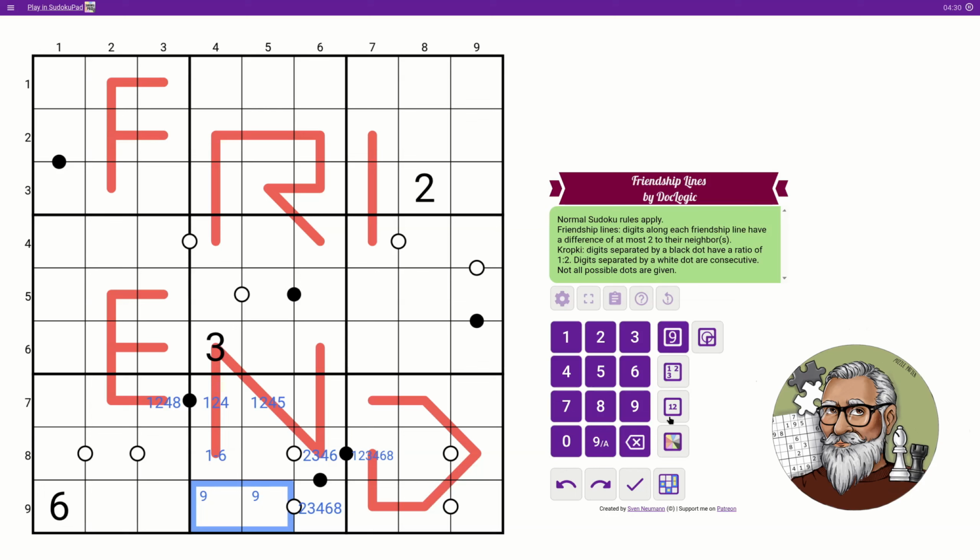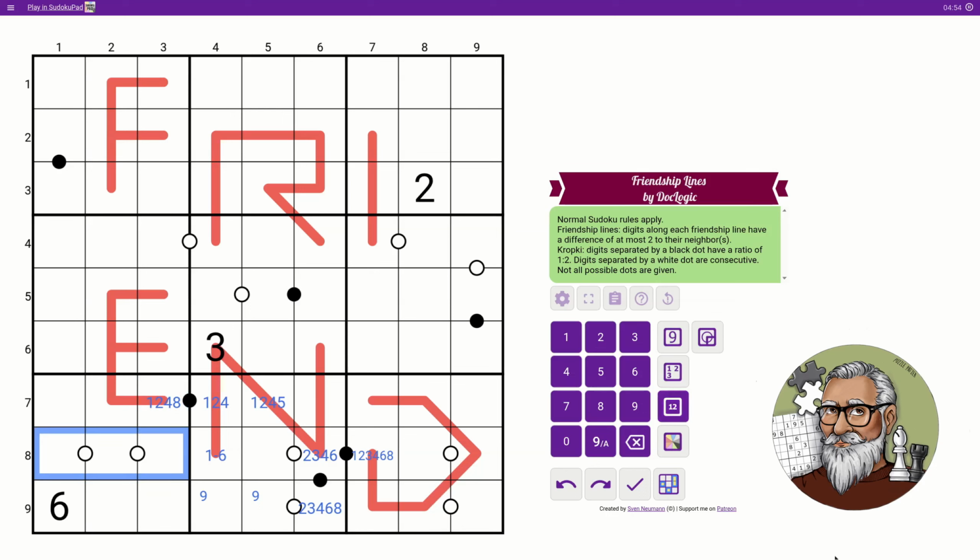I have no idea. Do I know what this is? Because there are 3, and can't use the 6. But this could be 7, 8, 9, of course. Let's start with that. But could it be 1, 2, 3, for instance? Because we would take 1 and 2 out of here. Why would that be a problem? 1, 2, 3.